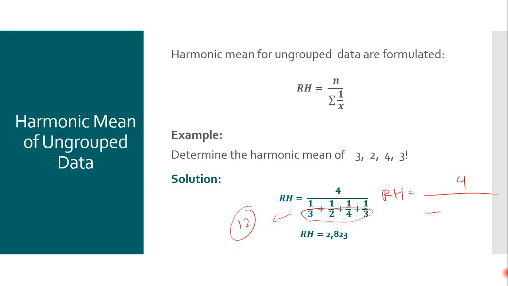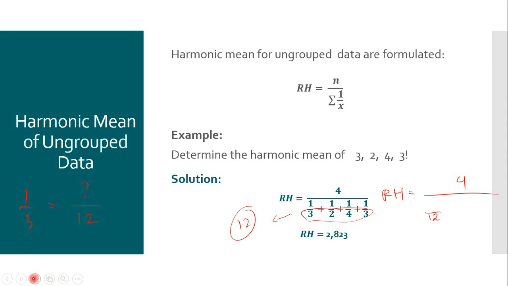It is easier because of the small value of these numbers. So for the 3 to have a denominator of 12, it has to be multiplied by what? 1 over 3 to be something over 12.